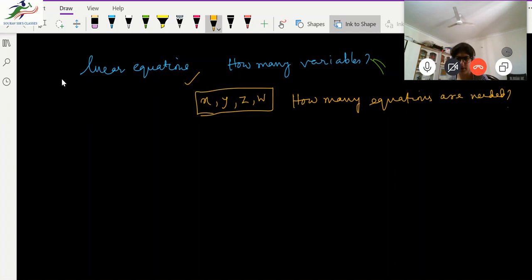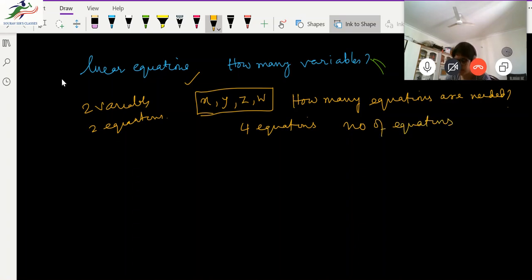Four. So for four variables, we'll need four equations. For two variables, we'll need two equations for a unique solution. So the number of equations will have to be equal to the number of variables. Clear? Number of equations should be equal to number of variables.